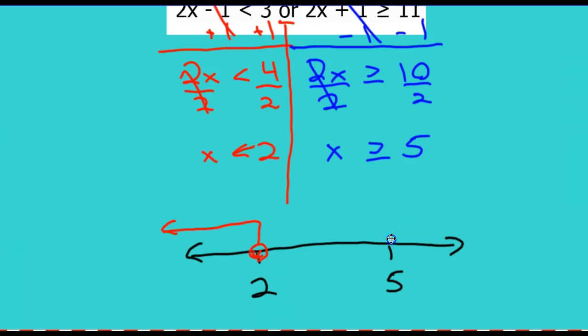X here is greater than or equal to 5, so it's a closed circle pointing to the right. So with our or inequality, they're going in separate directions. X cannot be anything in between 2 and 5, so it can't be 3 and it can't be 4.